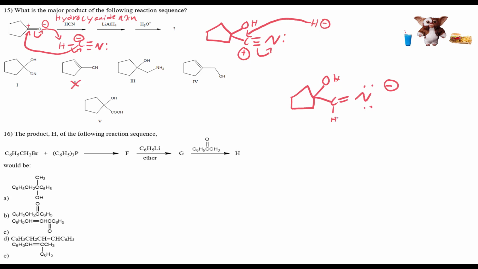Well, what can we do now? We can add an acid, which is what we're going to do. So we're adding hydronium right here. It can donate this proton to the nitrogen, so this nitrogen can pick up this hydrogen and it's going to be neutral again.